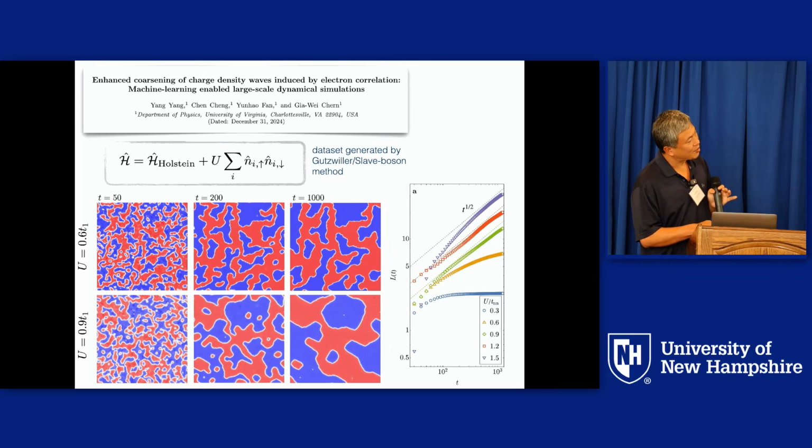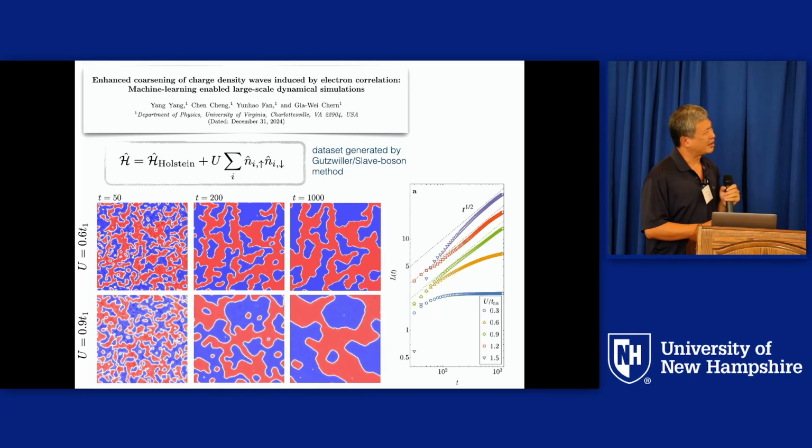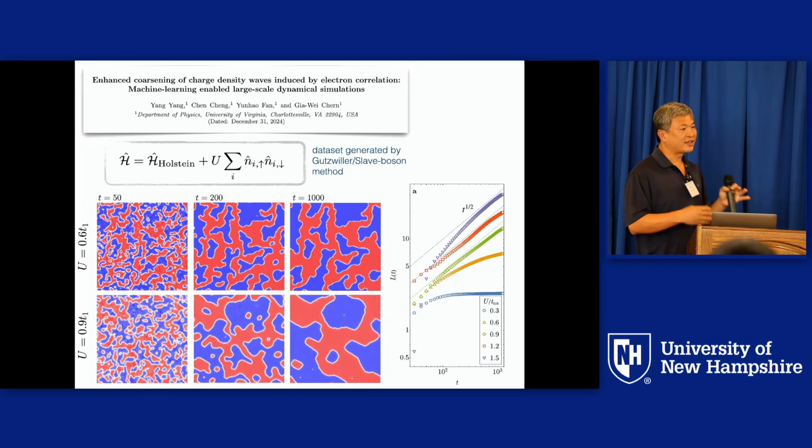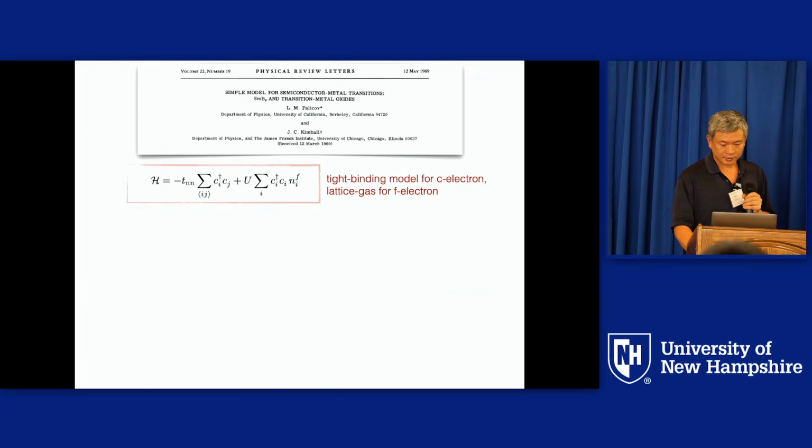And then we have this smaller growth exponent, less than 1/2, of this Allen-Cahn behavior. But interestingly, when we increase Hubbard U, we sort of restore the Allen-Cahn behavior. So this is also quite unexpected. And I think this is perhaps the first study of how electron-electron correlation through this Hubbard U affects the domain coarsening in an electronic system.